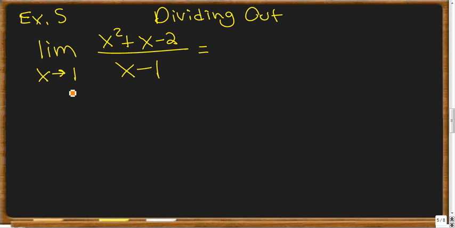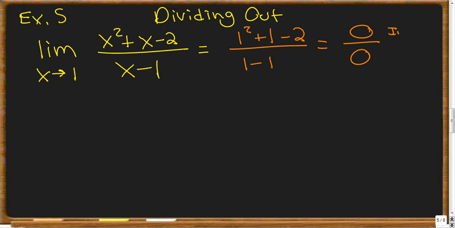If we start off and do what we have done in the past, we're going to start by plugging our number in. So we're going to get 1 squared plus 1 minus 2 over 1 minus 1, which if you do this math, you will see that we have 0 over 0. We call this the indeterminate form, which means there's nothing we can say about it.